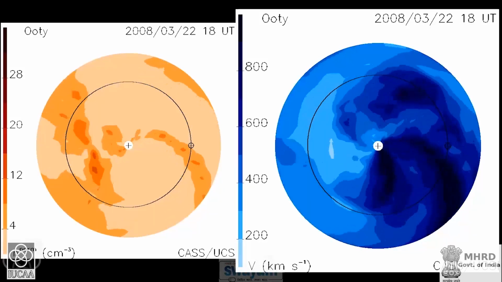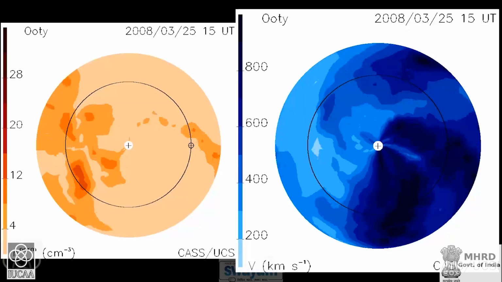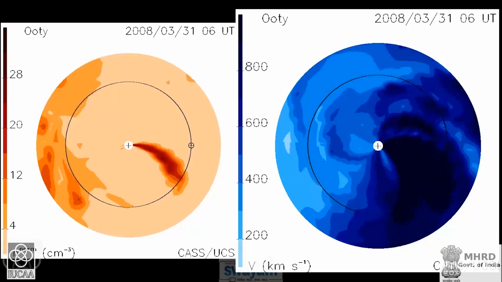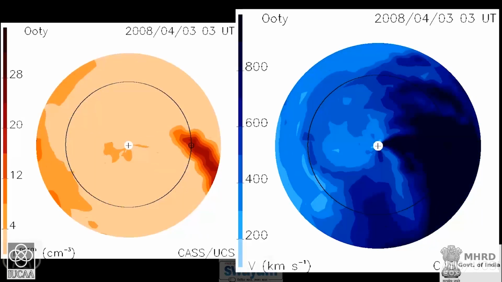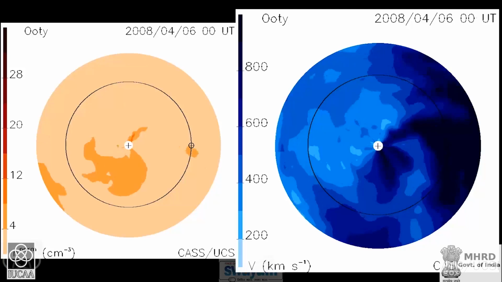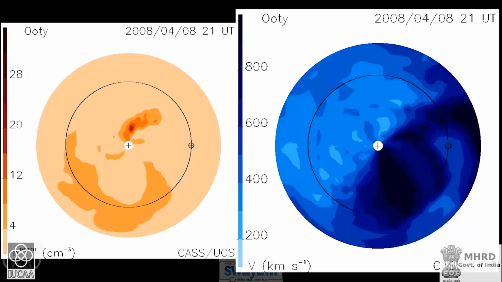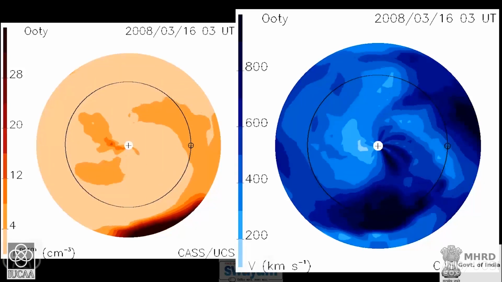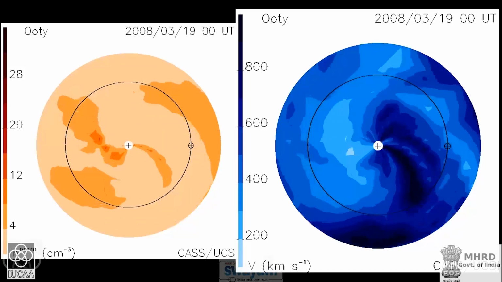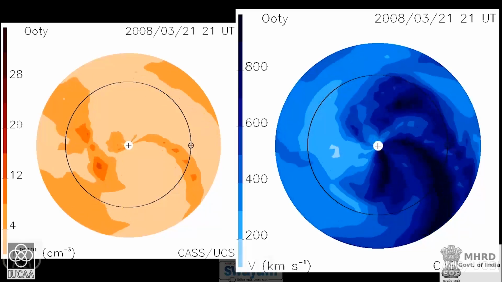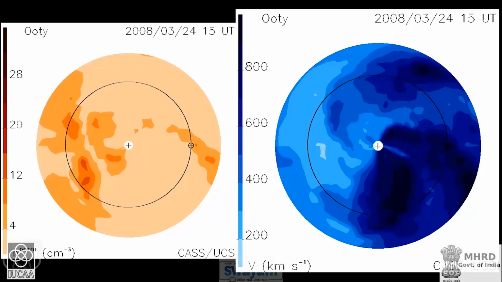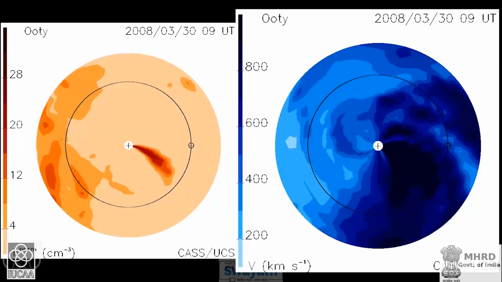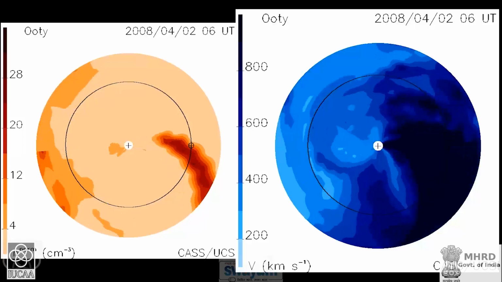So, for example, this shows the ecliptic view of solar wind density and speed reconstructed from the Ooty observation. So, the orange plot shows the density, and the blue plot shows the velocity for about one solar rotation. So, the diameter of this field is 3 AU. So, you can see small density structures moving away from the sun, how they are moving along the Parker spiral.